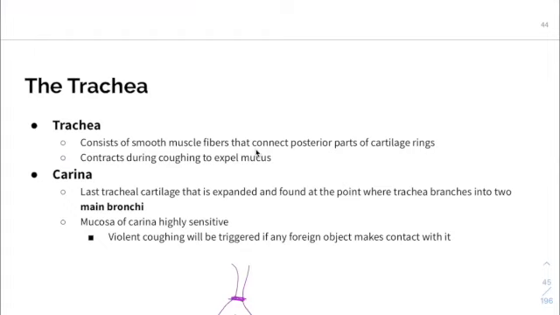So if something hits this very last cartilaginous ring, that's what can cause you to start coughing really hard to try to get out whatever hit that.